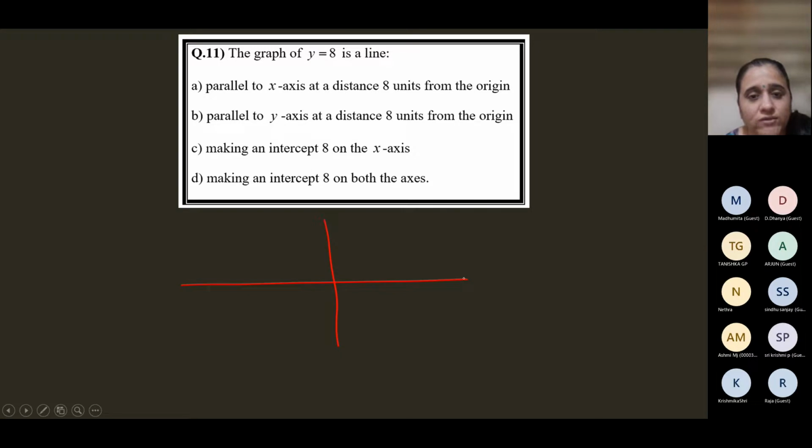So y is equal to 8 is a line parallel to the x-axis at a distance of 8 units from the origin. But are you sure it is A?